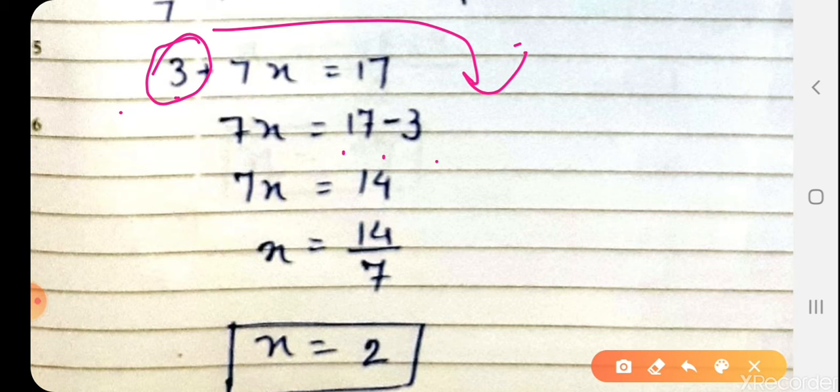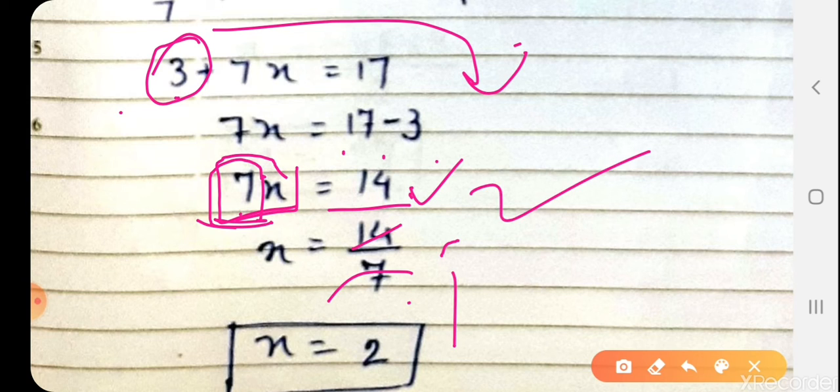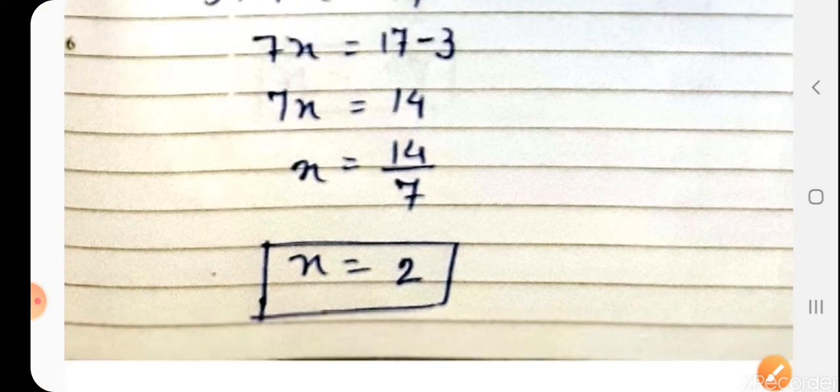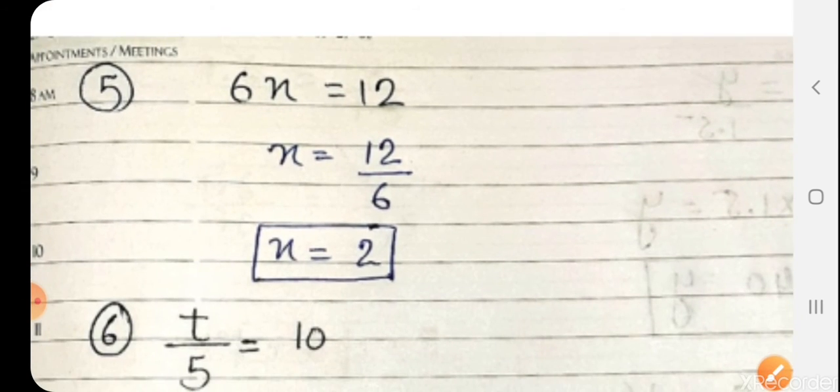So 17 minus 3 is 14 equals 7x. Now this 7 is multiplying x, so if we transport it, it will divide. So 14 upon 7. We all know 7 ones are 7, 7 twos are 14, so the value of x is 2. Now move to the next question, question number 5.